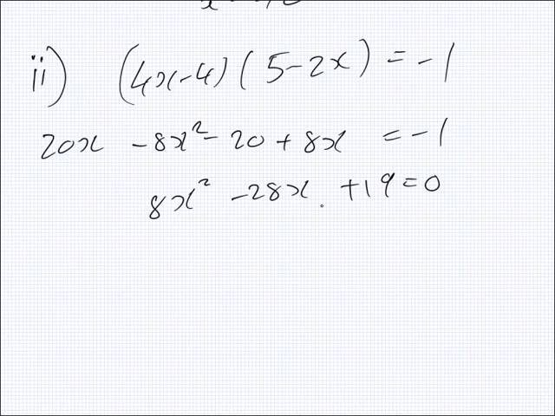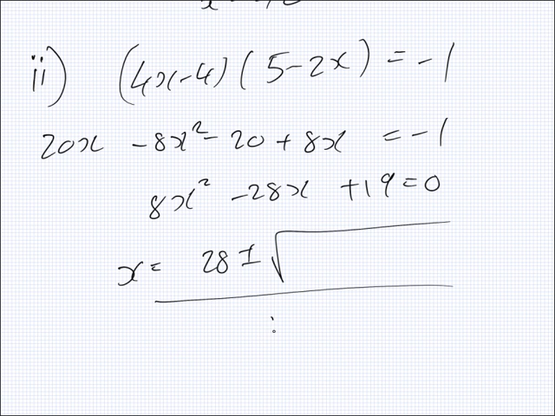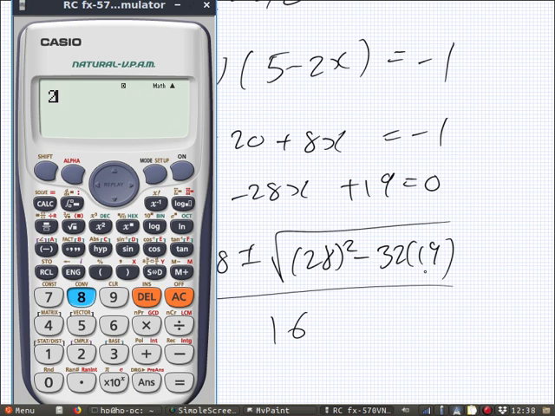And they say give the answer in surd form. Okay. 7 plus square root 11 over 4.